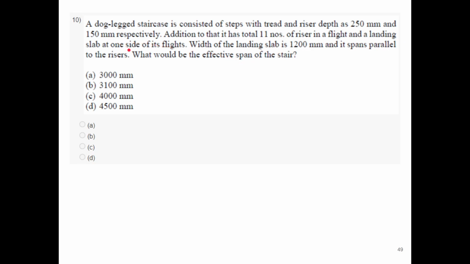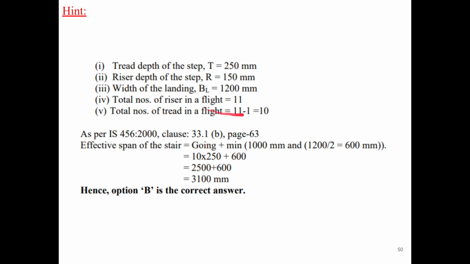So let us assume x is 0. Then s plus x plus y becomes s plus y. S is 2500, 250 into 10, and y, as per IS 456, will be the minimum of 1000 and half of 1200, where 1200 is the width of landing. First we check that this value is greater than or equal to 1000. If it is not, then we directly take 1000.